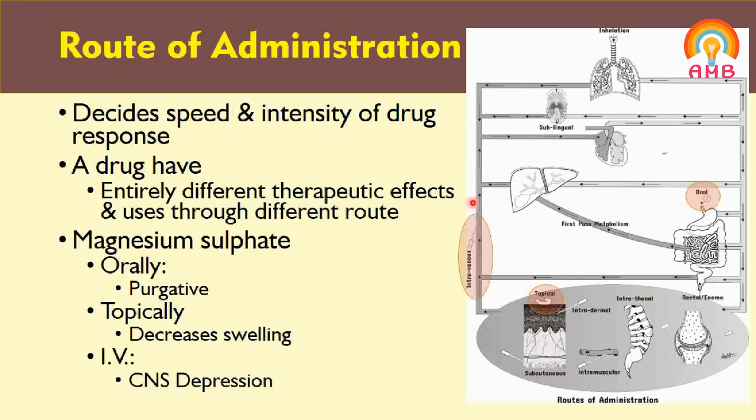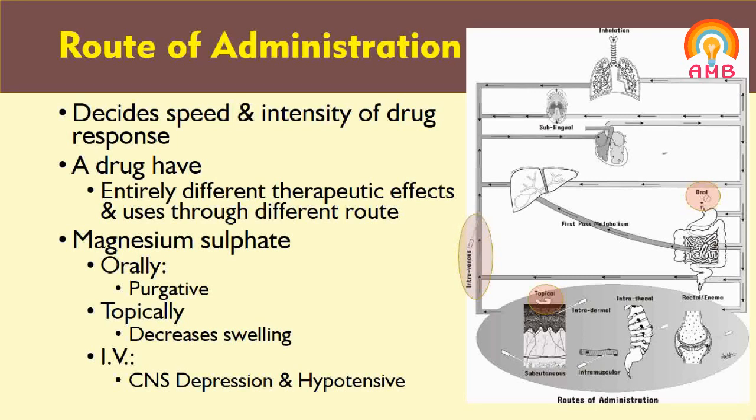And if magnesium sulfate is given intravenously, it produces CNS depression and hypotension. So magnesium sulfate is only one drug, but if it is given by oral route, it produces a purgative effect. Topically, it acts as anti-inflammatory, and if it is given intravenously, it produces CNS depression and hypotension. So entirely different effects are produced by magnesium sulfate if it is taken by different routes. So route of administration is again very important if we consider drug action.